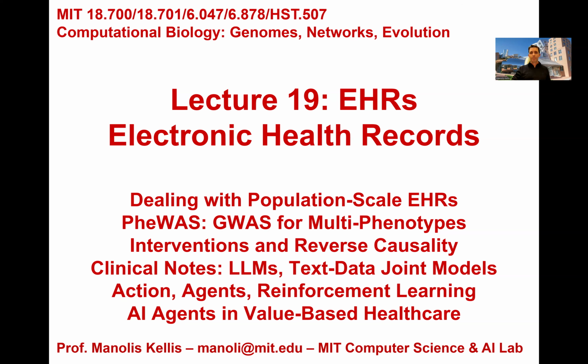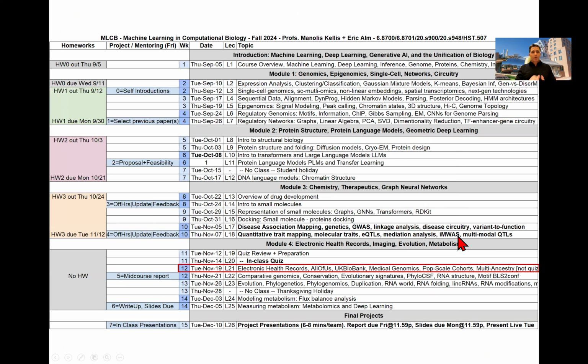Yeah, awesome. All right, so where do we stand? We are here, basically. We've completed modules 1, 2, 3 on genomes, epigenomes, protein structure, chemistry, therapeutics, and now we're entering the world of electronic health records, imaging, evolution, metabolism, and you've completed all of your homework, you've completed your quiz, and the last part now is your mid-course report, your write-up in your slides, and eventually your class presentations, okay?